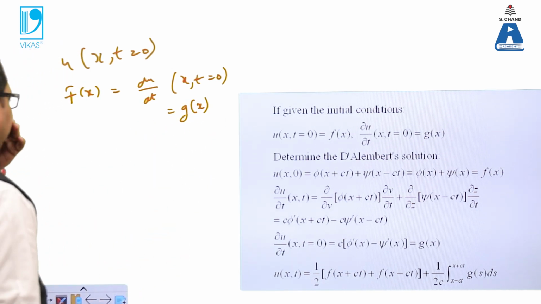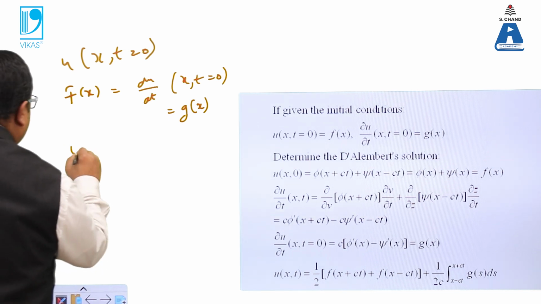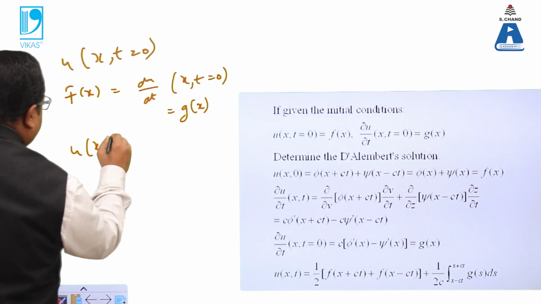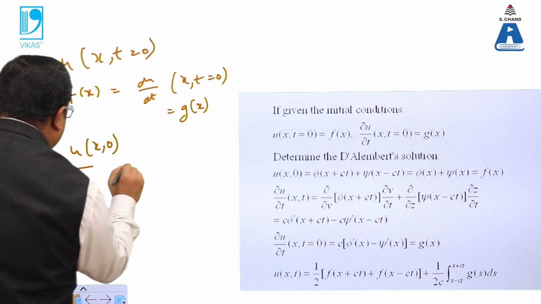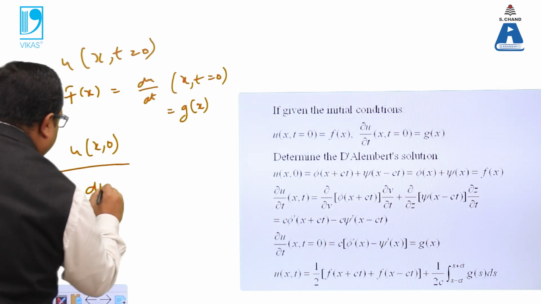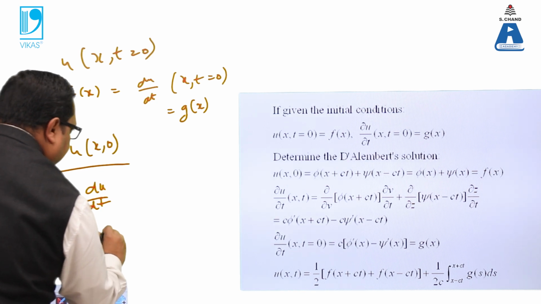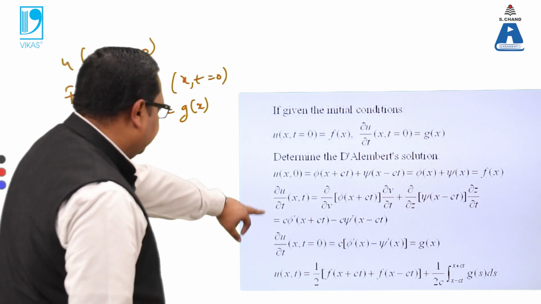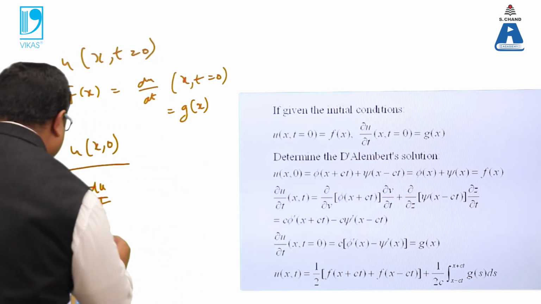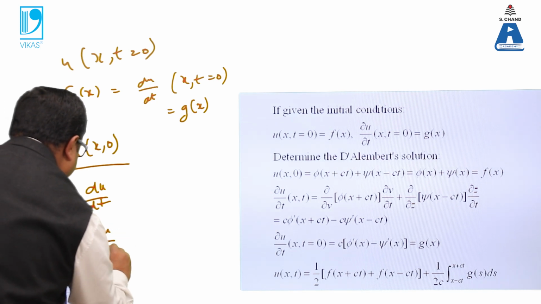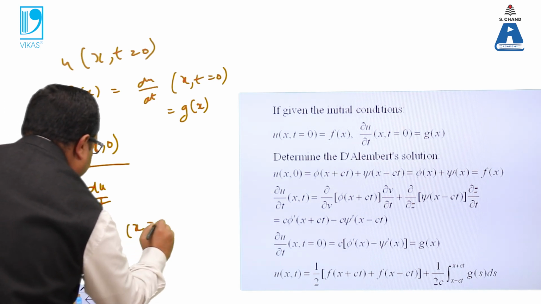So basically we have to calculate u(x,0), and then du by dt at t equal to 0.